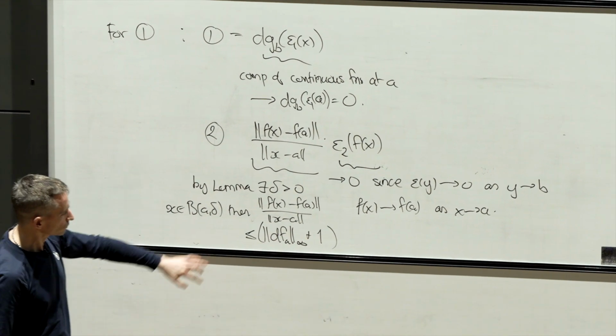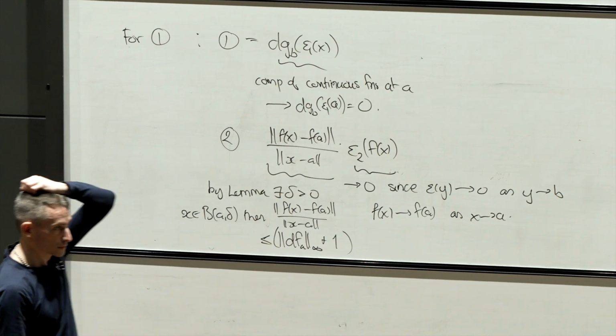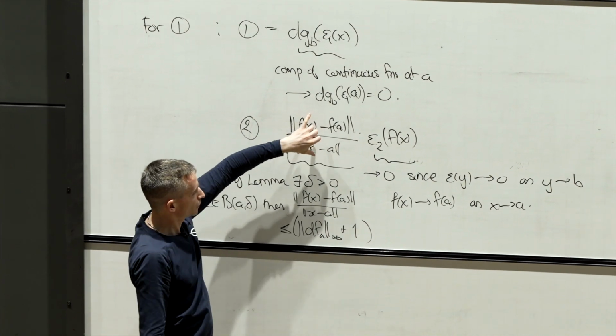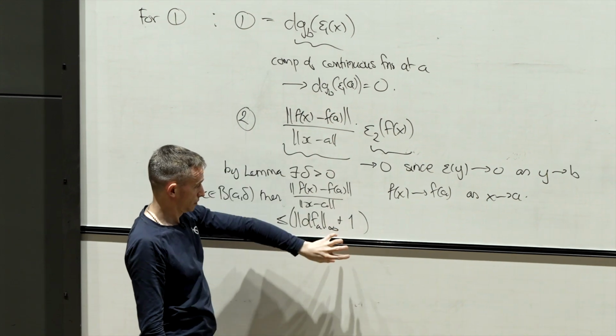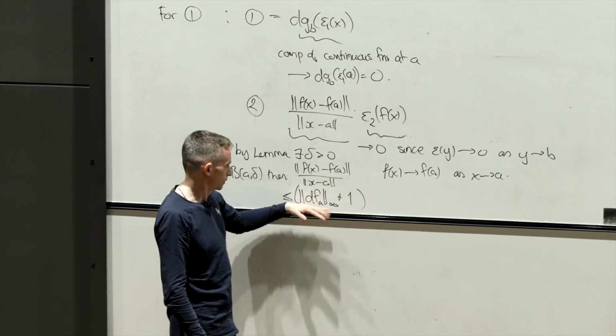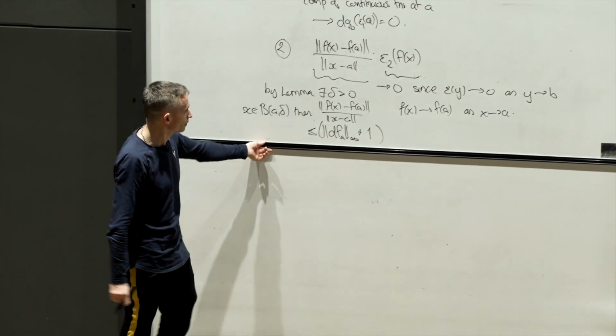Okay, so we need to use the precise statement of the lemma on continuity to show that this ratio is bounded by anything you like that's bigger than the operator norm of the derivative.